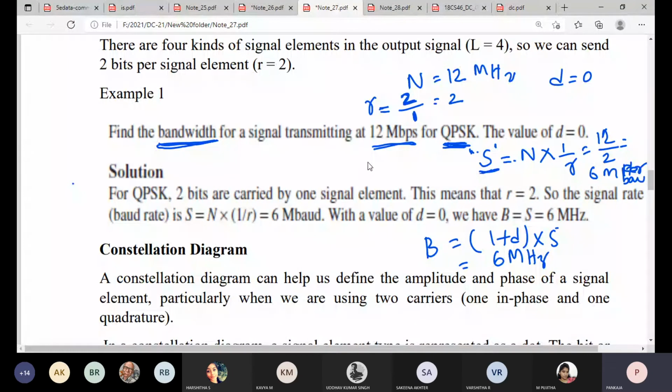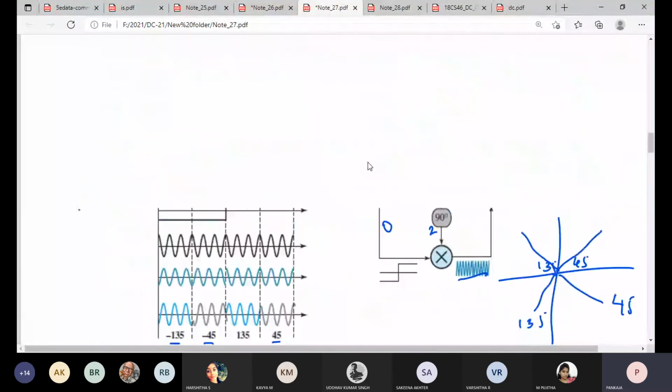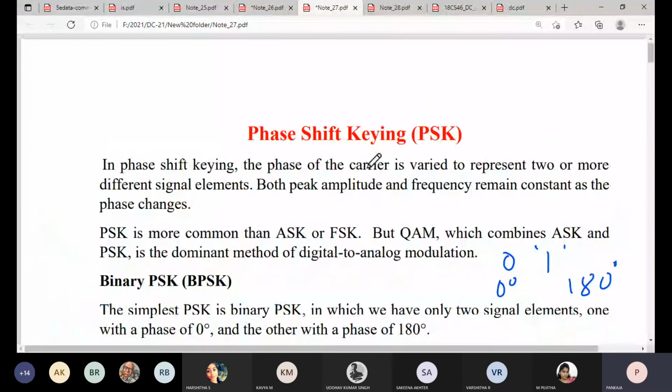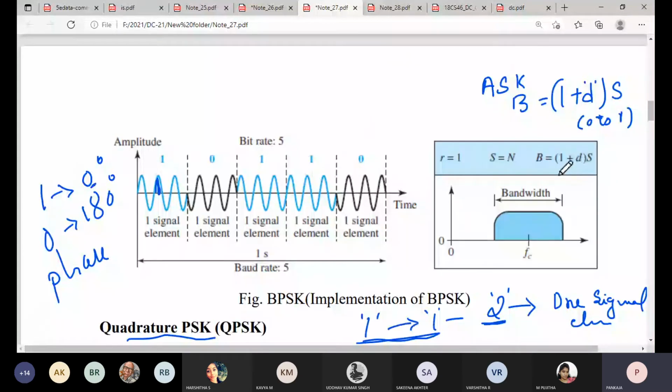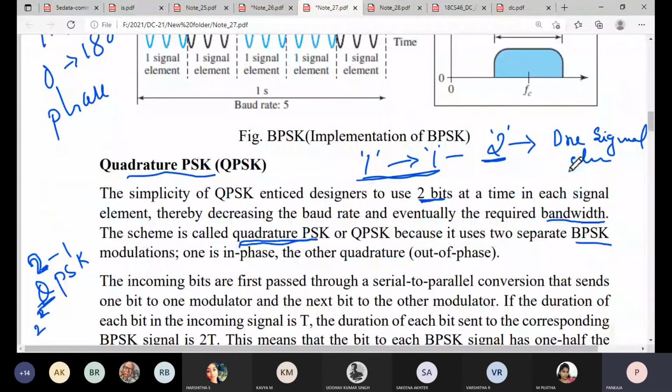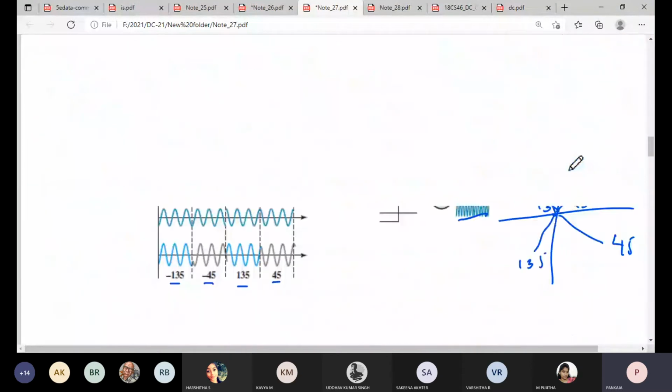You just substitute d equal to 0. This is the formula for calculating the bandwidth. I have shown it in the diagram. It is the same as ASK. Yes, here it is, this is the bandwidth. Always focus on the signal rate and bandwidth for each of these methods.